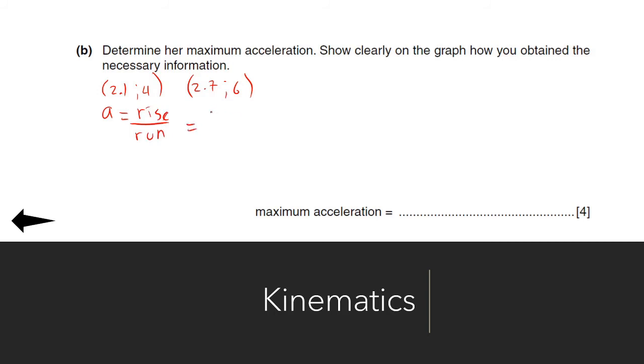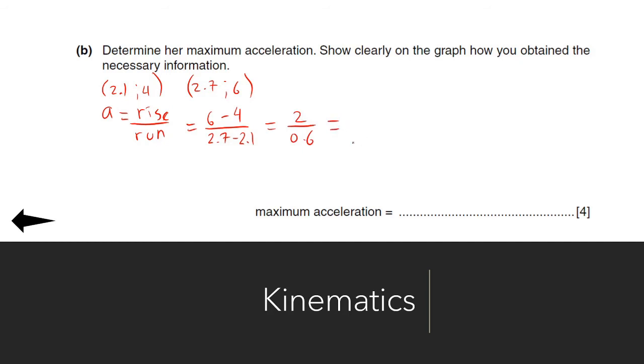The rise is 6 minus 4 over the run is 2.7 minus 2.1. These values come from these 2 points. This is equal to 2 per 0.6.